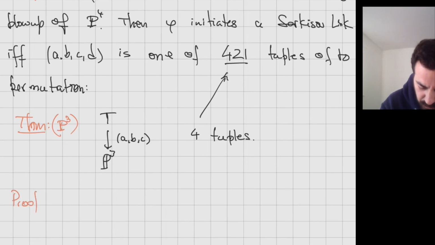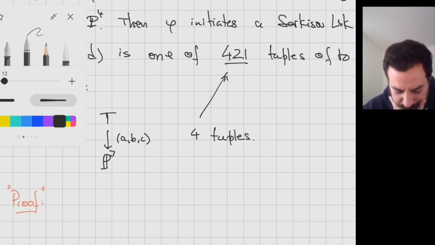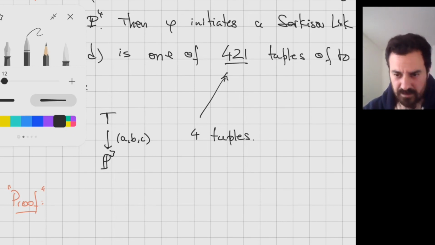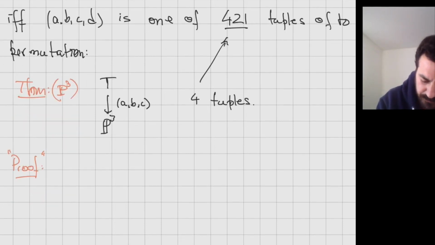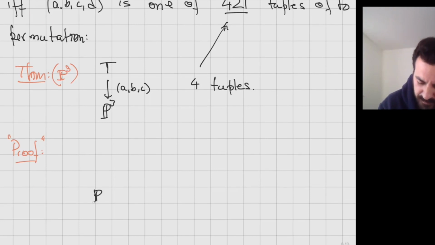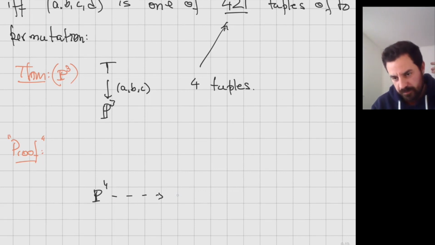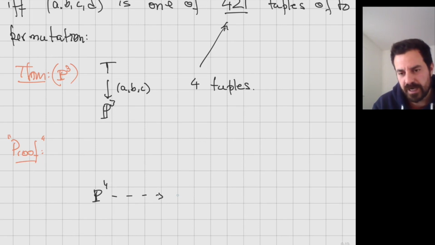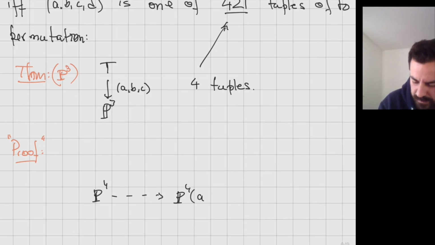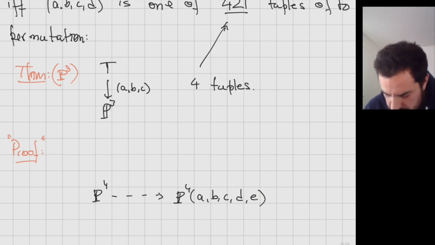I mean, I cannot even call it that. As I was talking to Al right in the beginning of this talk, I asked him, because you have a Sarkisov link from P4, and in principle this can end either with a fibration, or with a Fano variety, or with a weighted projective space P(A, B, C, D, E).